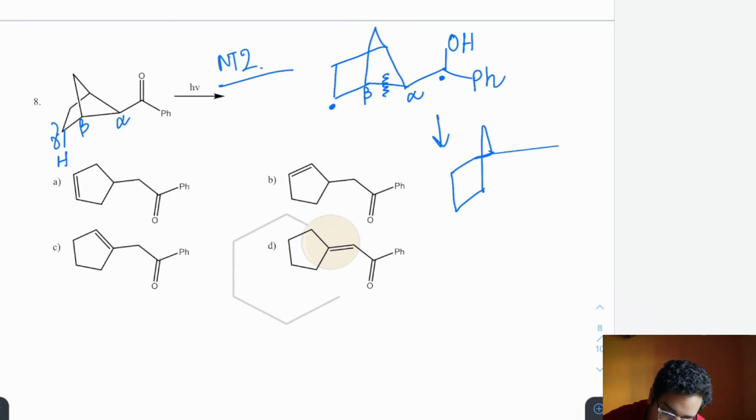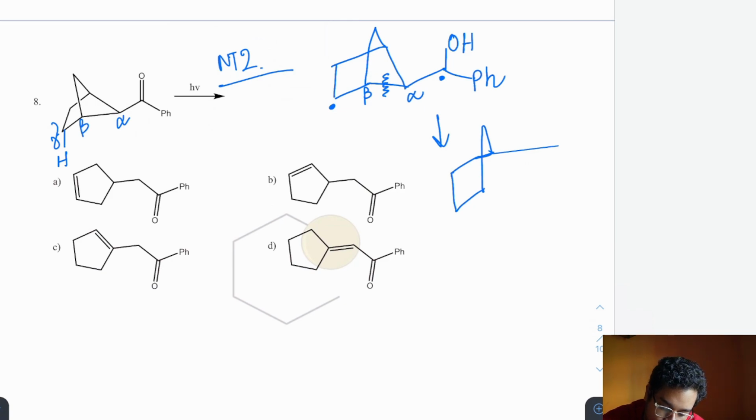We get pH and here a double bond. That means this will tautomerize to get the carbonyl back. So we simply get back this particular carbonyl.